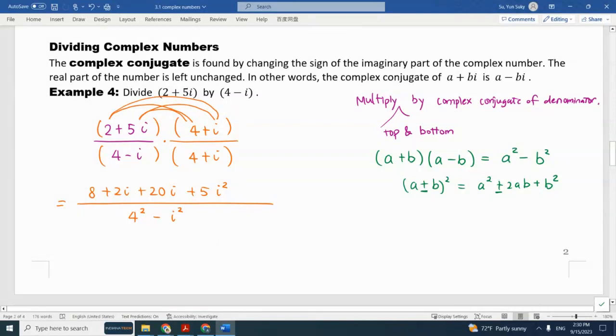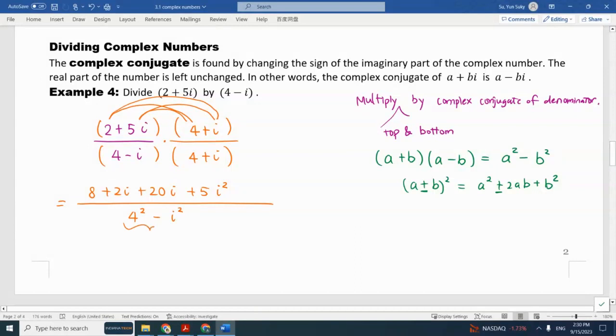So that equals a squared, which is 4 squared, minus b squared, which is i squared. And the good thing about i squared is it equals negative 1. That gets rid of the i in the denominator. Exactly. So 16 minus negative 1, so 16 plus 1. Right, everybody?